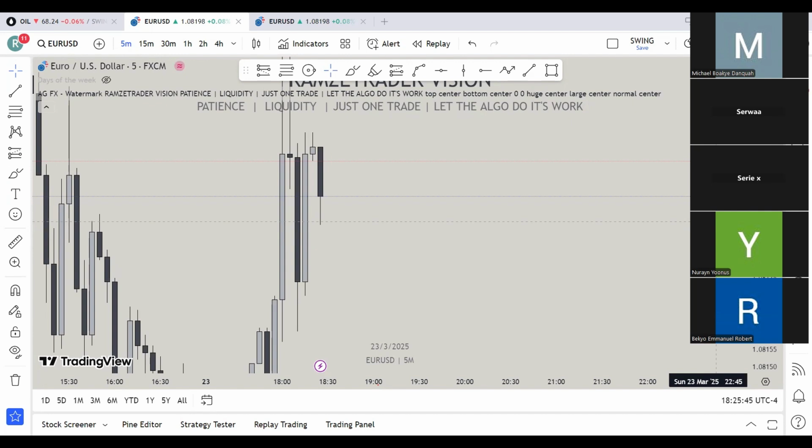So if you check the difference of these two, let me use my calculator to check the difference right now and get back to you guys. 1.08203 minus 1.0891.